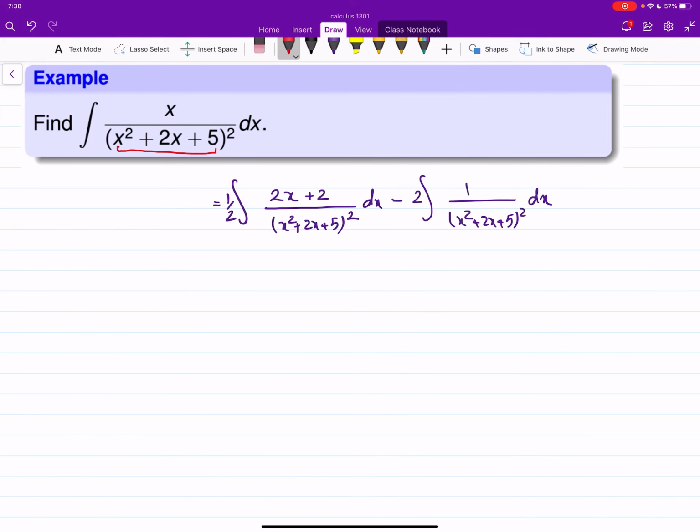Now, for the first integral, you see, we generated the derivative of the quadratic part in the numerator and separated everything else in another integral. Here, you just need to do u equal to the quadratic, and then du is whatever you have in the numerator.